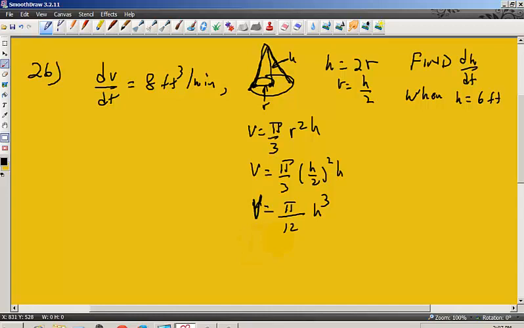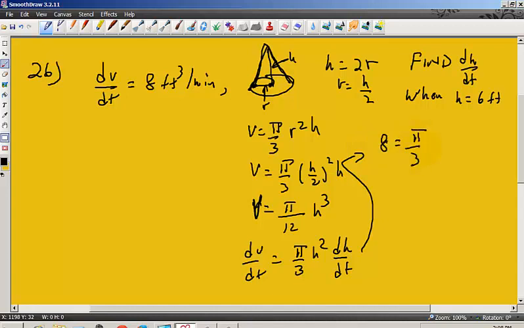I'm going to take the derivative of this now. I get dV/dt is equal to pi over 3 h squared dh/dt. Plug in the information that we have. So my dV/dt is 8, which is equal to pi over 3, my h is 6 squared, times dh/dt.